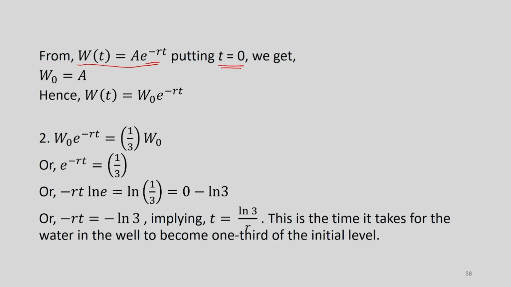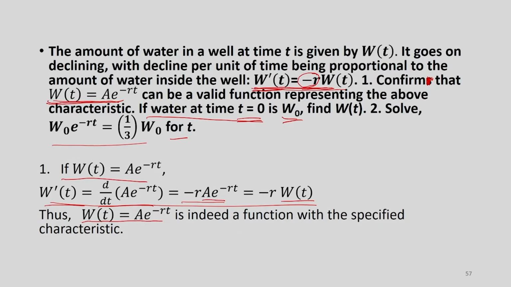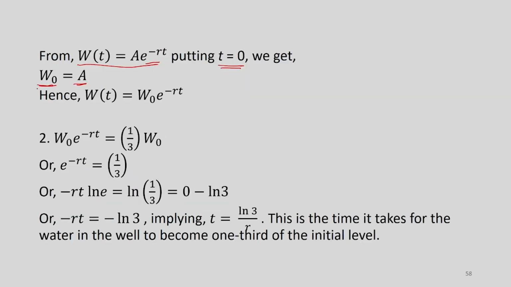E to the power 0 is equal to 1, so W0 is equal to A. Why W0 on the left hand side? Because that is given to us, at time t equal to 0, the water in the well is W0. So W0 turns out to be A, therefore the form that we are getting, W(t), is equal to W0 multiplied by e to the power minus Rt. Okay. So first part is done.